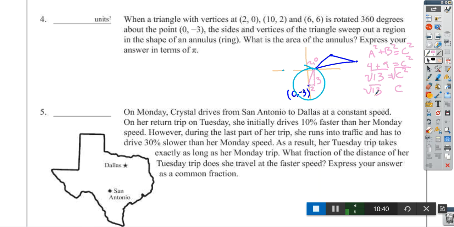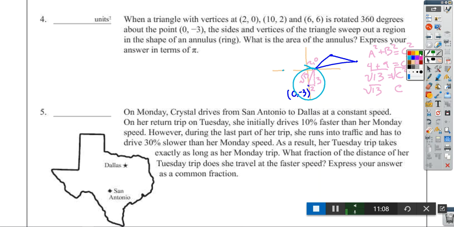I don't need to know the square root of 13 right now, because the area of a circle requires me to square the radius, and the square root of 13 squared is simply 13. This radius is the square root of 13.